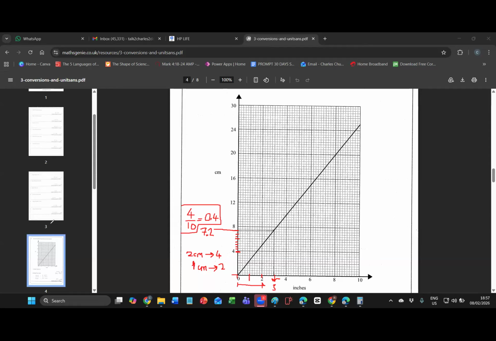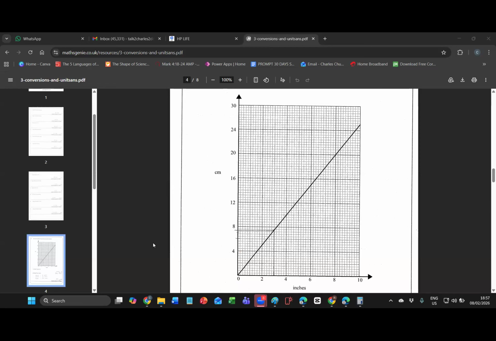Okay. Did you get it now? Yeah. Okay, so I think what you really need to learn now is how to read off a scale, even when you're not told what the scale is.